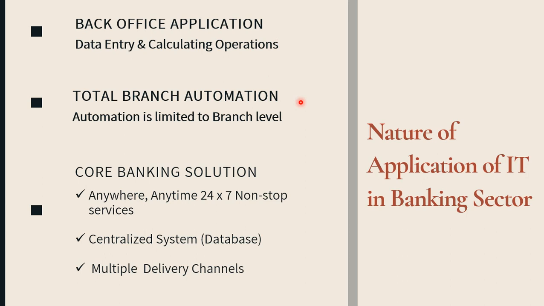The data which is saved in one system, we can transfer and avail in another PC or system. Hence, at the branch level, the automation process was initiated in the second stage. This process is known as total branch automation.